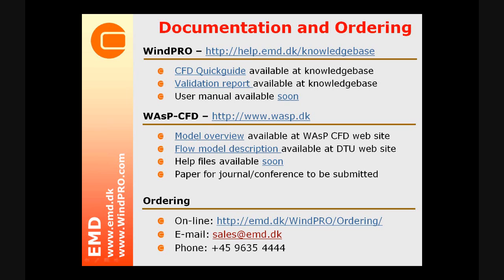And actually, this is one of the neat features with WASP-CFD, that you have the option of arranging the tiles in a totally independent way. So you have one tile centered on your mid-mast, and then if you have, say, your wind farm layout along a ridge, then you can have tiles that cover the ridge.